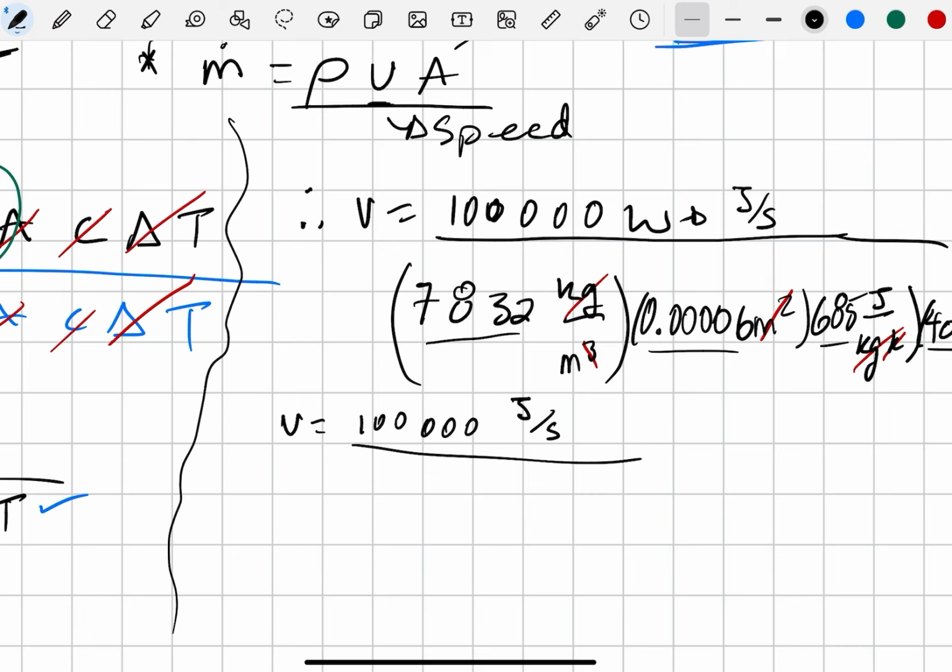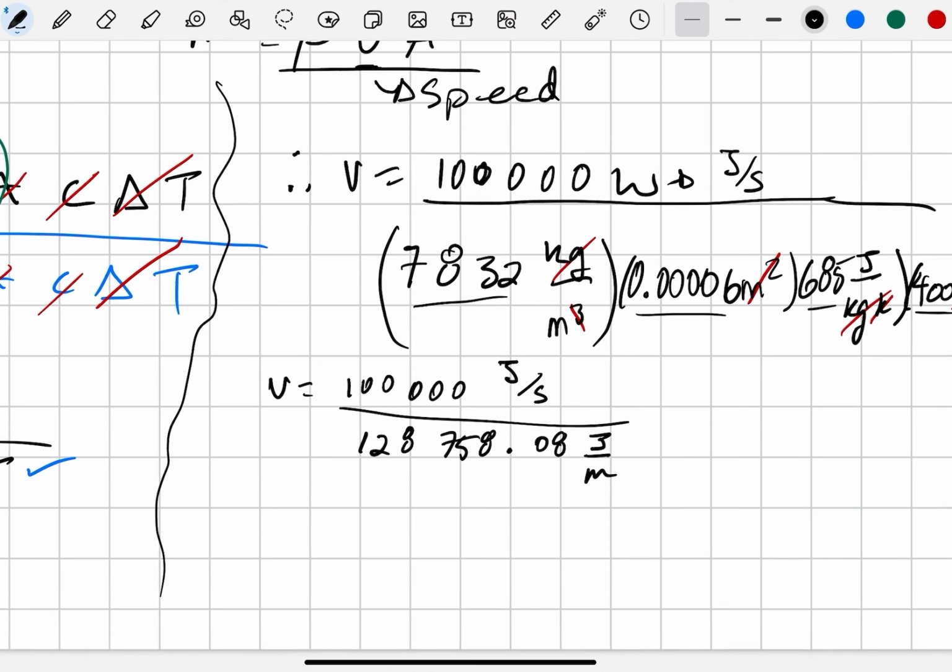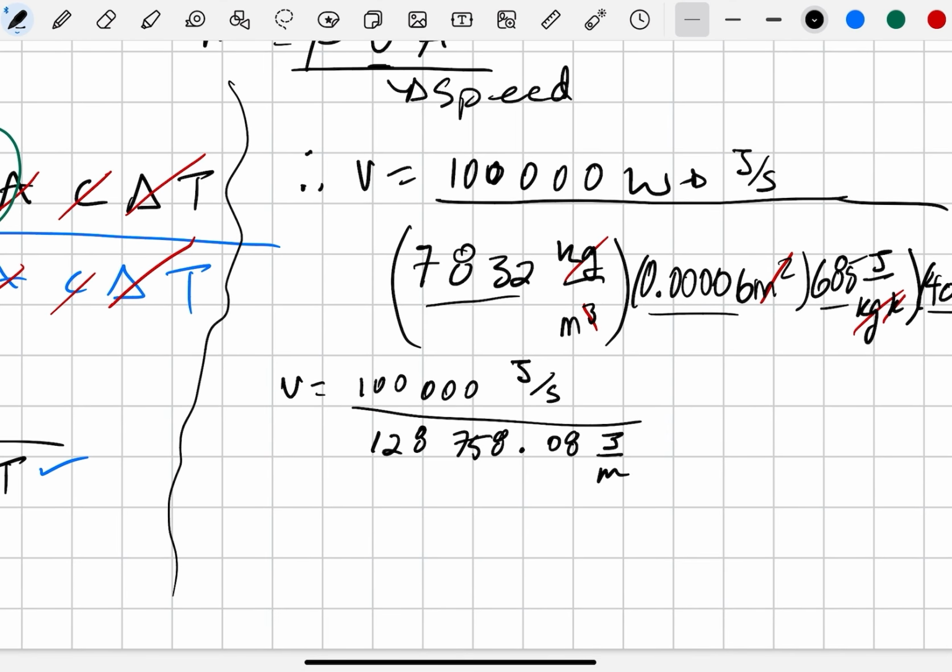No, it's 128,758.08, and this is still joules per meter. And then if I put this into the calculator, I'm gonna get about 0.77.